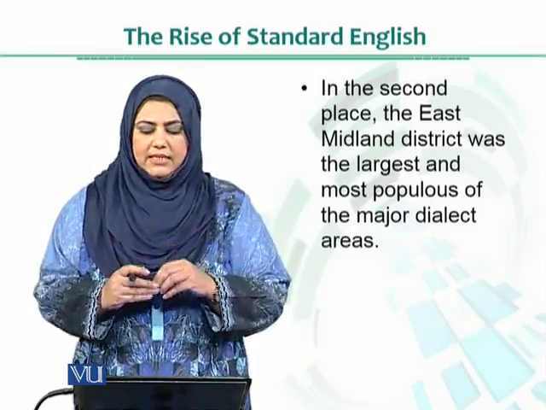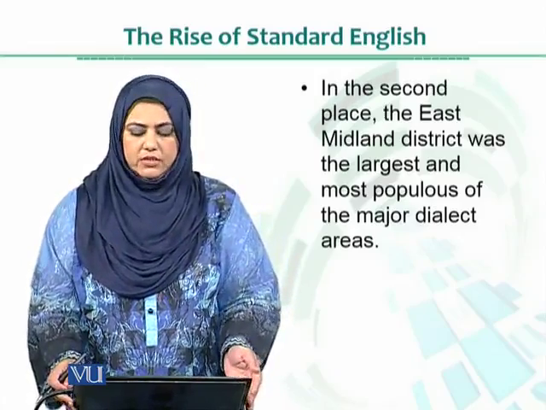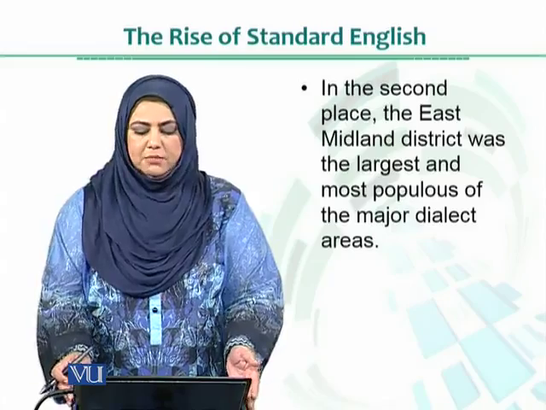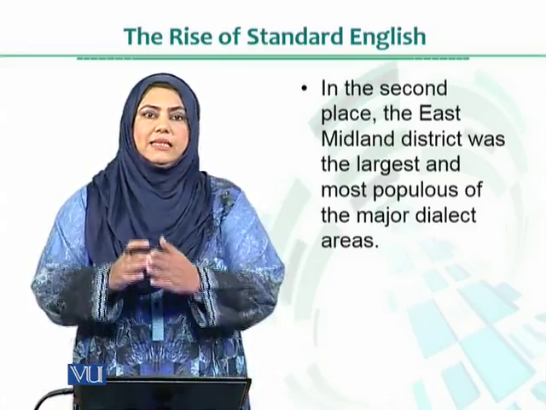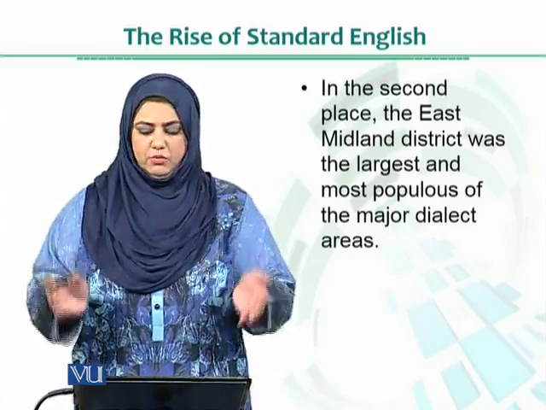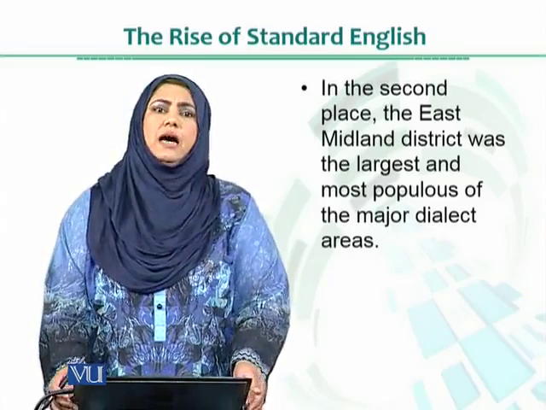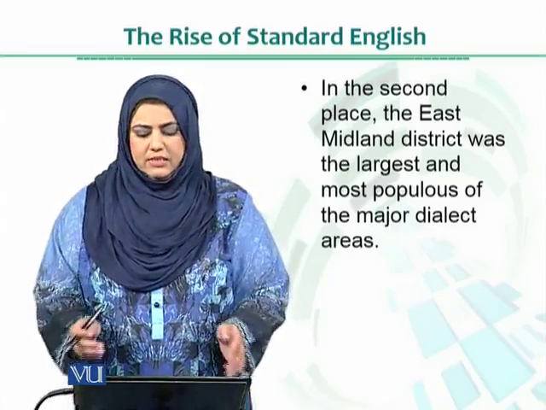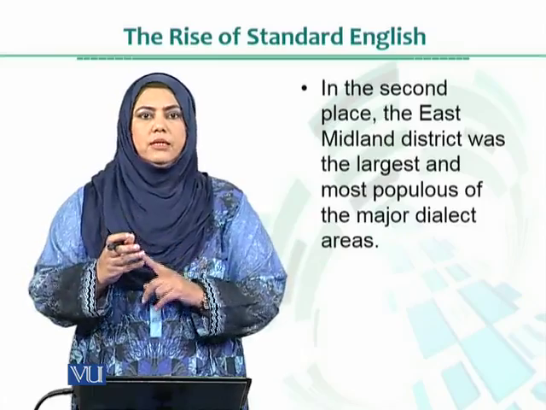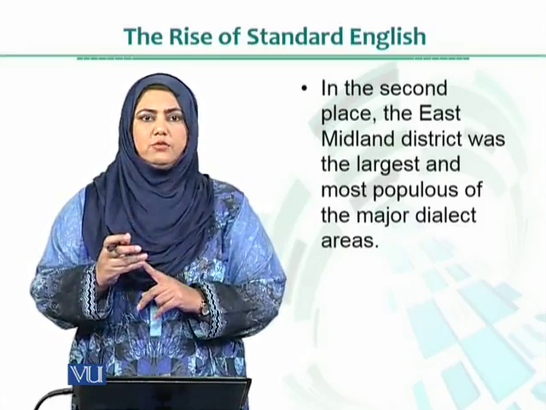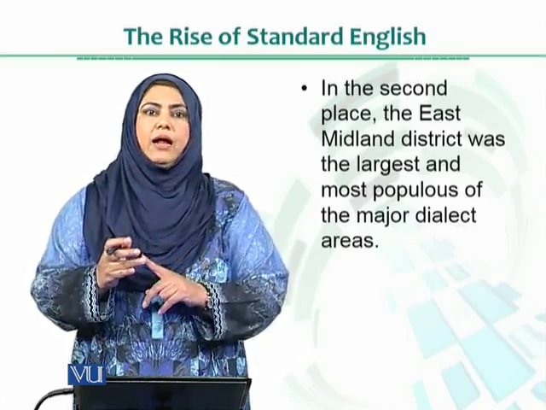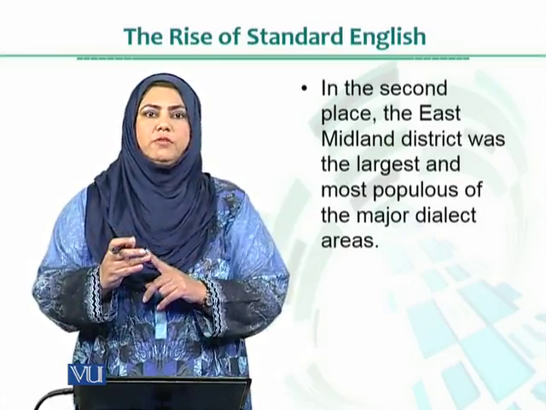When we notice the East Midland language, we notice that the East Midland district was, in terms of size, the biggest one. It was the largest one. The natural result was that not only was it the largest in size in terms of geography, it also had the maximum of the population.